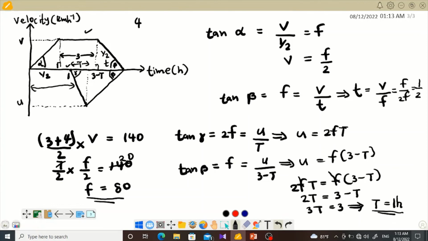And then we have to find the value for a. A means the distance between point Q and R, or stations Q and R. So obviously we can get that value from the area of the triangle, which is the VT graph of train B. So I'm going to find it here.